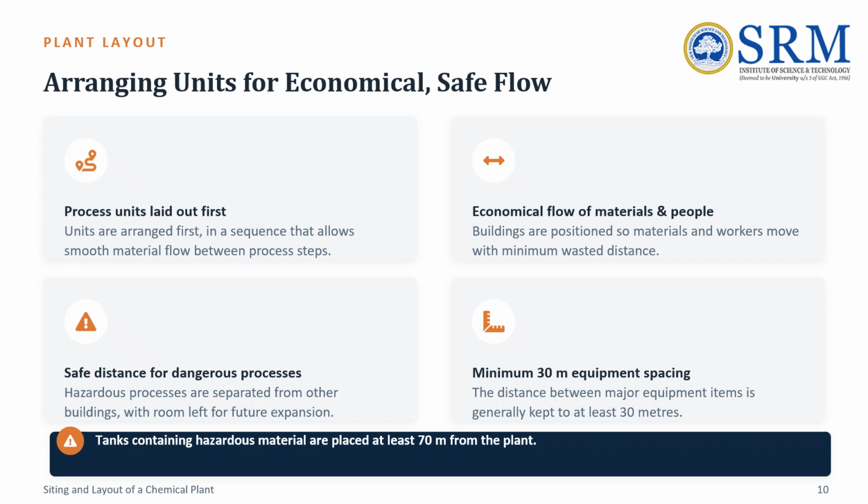Hazardous processes should be isolated from other units. Major equipment should generally be separated by a minimum distance of 30 meters. Storage tanks containing hazardous materials should be located at least 70 meters away from the plant to reduce accident risks.